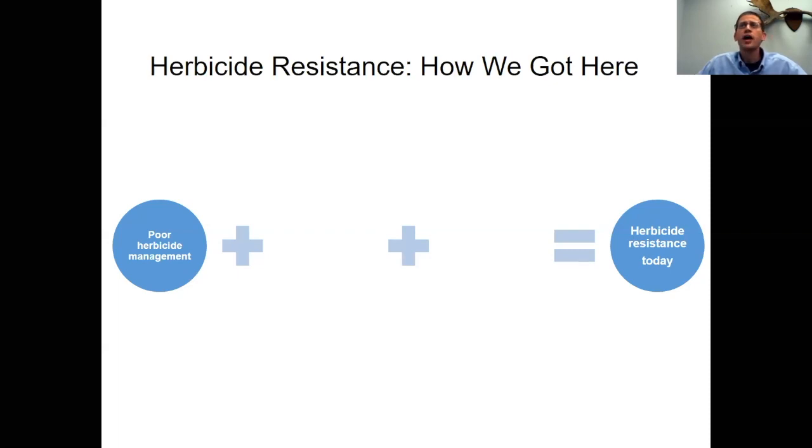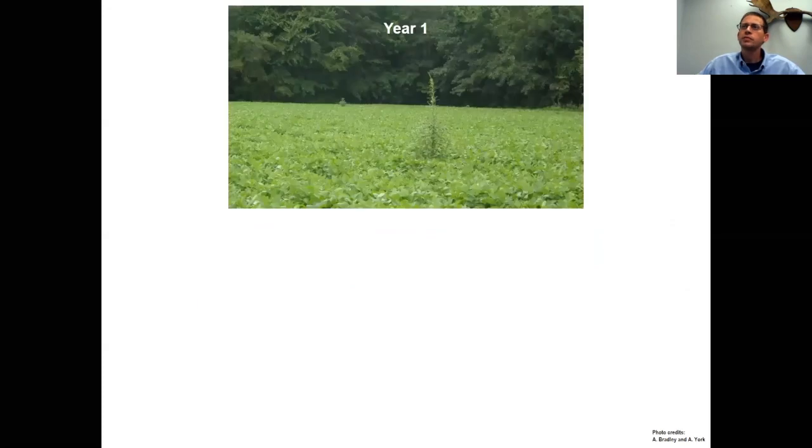Next thing about herbicide resistance and how we got here is we simply failed to control weed escapes. We just ignored them. For example, you may have just one single Palmer amaranth plant remaining in your field at the end of the season. But as you'll find out later in this workshop, Palmer amaranth has very prolific seed production.